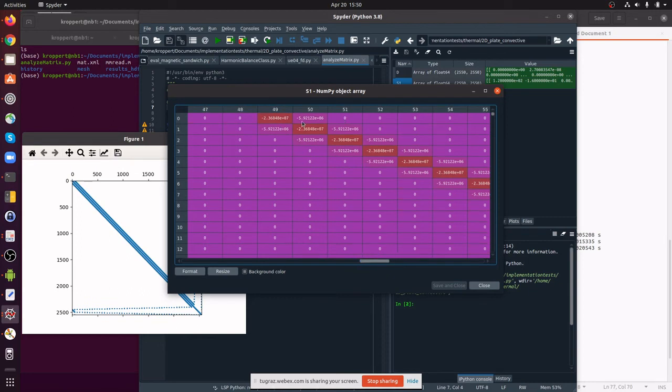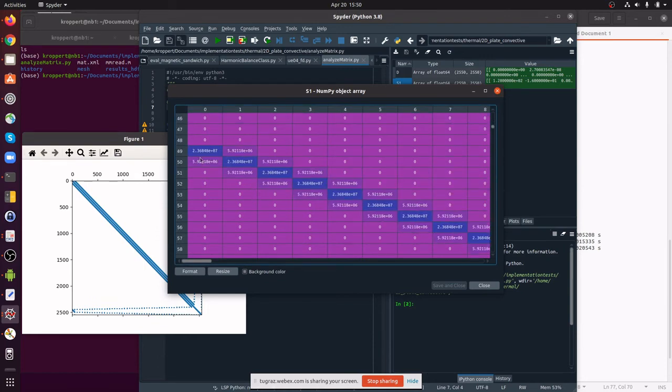Here we have a value of minus 2.3e7, minus 5.9e6, and if we observe the value at the transposed side, so at the lower off diagonal, you see different values. So they have opposing sign.